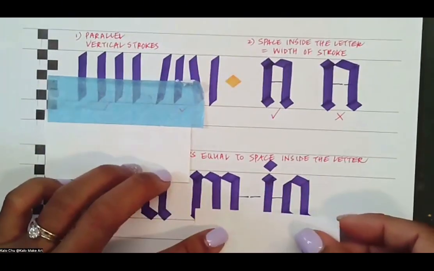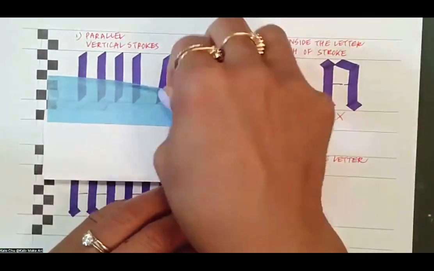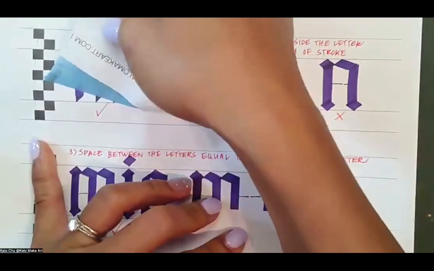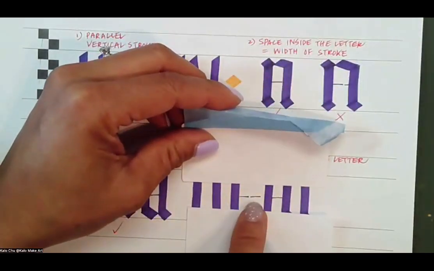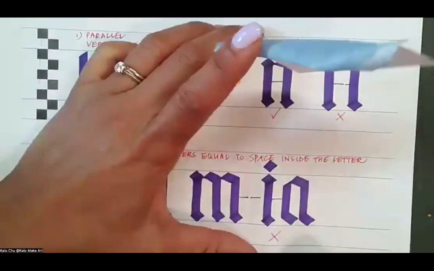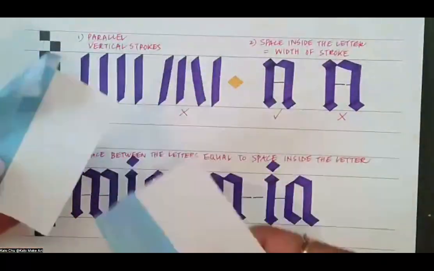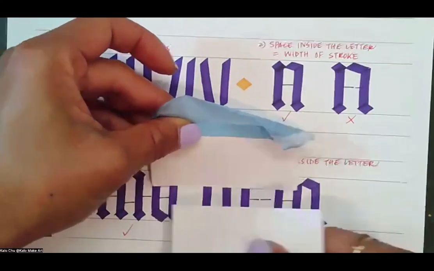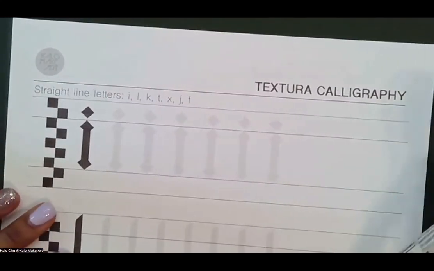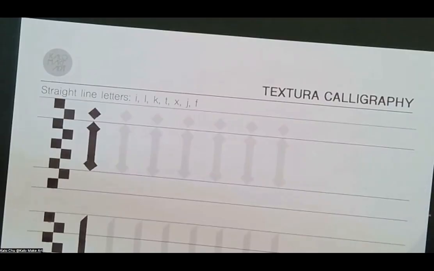If I place it here, this is a very dramatic example, right? If I cover it, you can see that there's a much wider space here. It's not consistent. So sometimes when you practice a page of writing, you can just cover it and check the spacing.